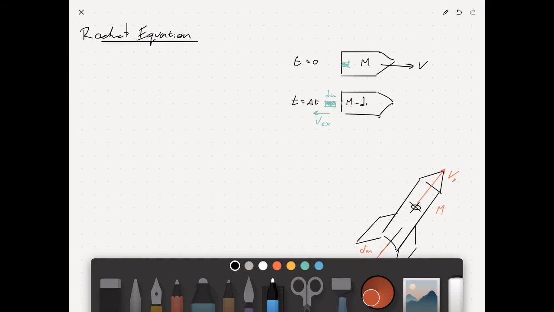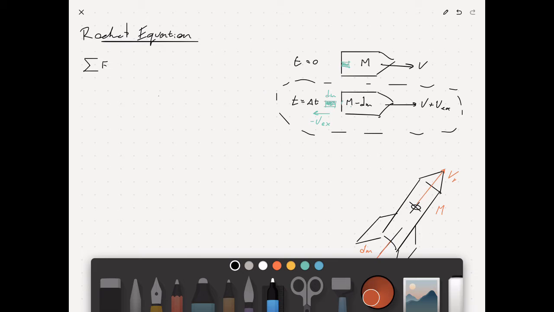So the new mass of the rocket is going to be m minus dm, and the new velocity of the rocket is going to be v plus v exhaust. And this works because of conservation of momentum. The system we're looking at is the entire system, the rocket plus the propellant, and this is going to matter in a little bit.